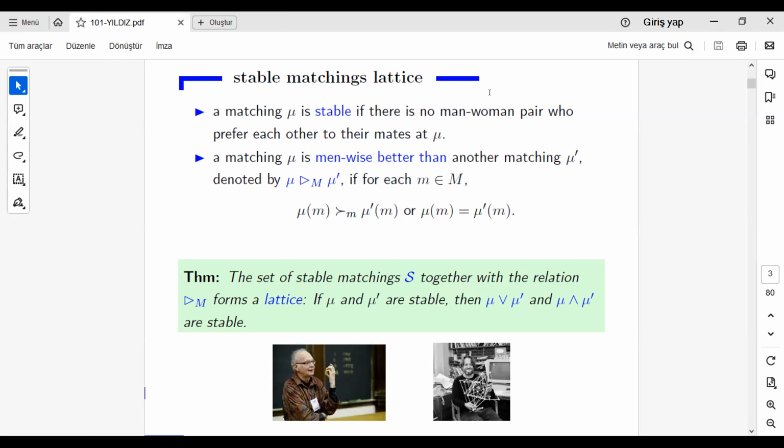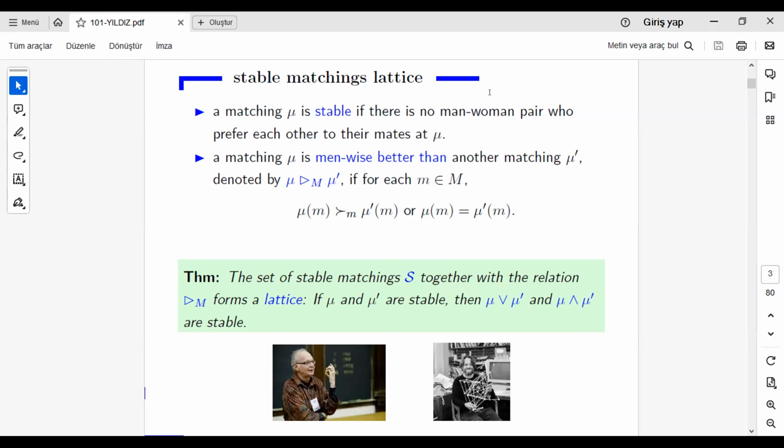If we take any two stable matchings, then they have a precise least upper bound, found in the following way. Ask every man which of the two mates he prefers between these two matchings. It is a fact that when you do this, no two men will point at the same woman. This is a consequence of stability.